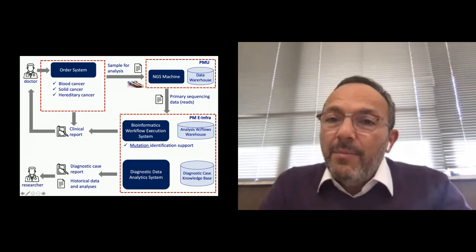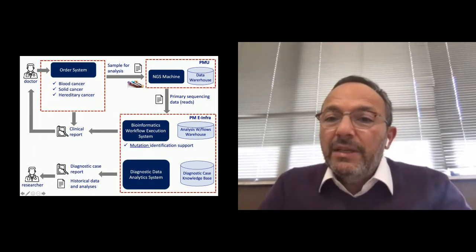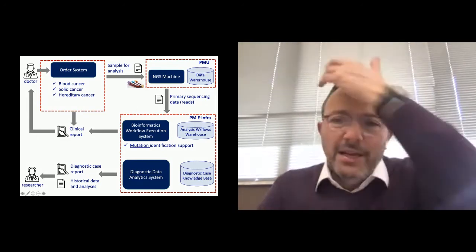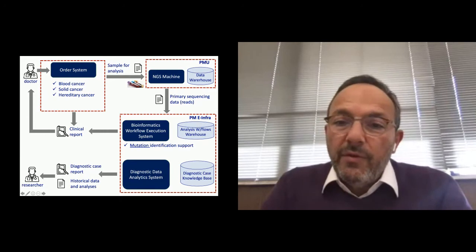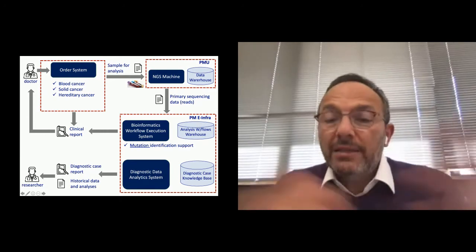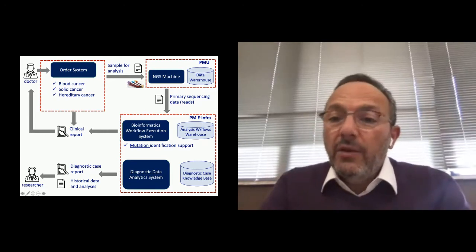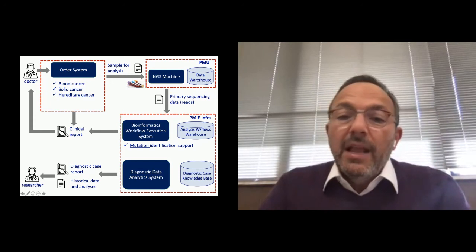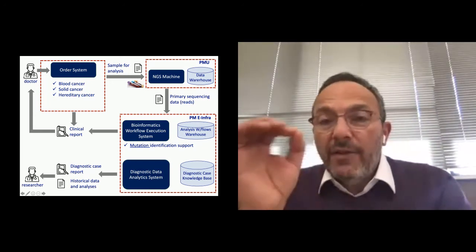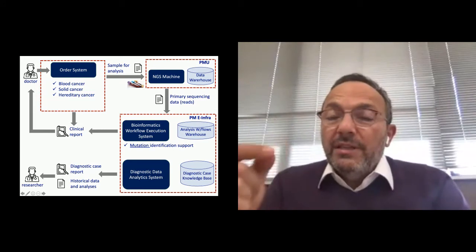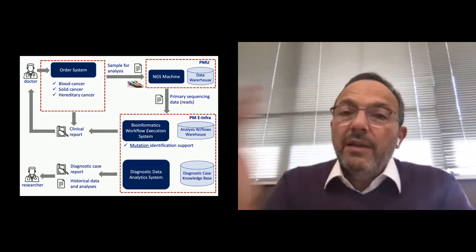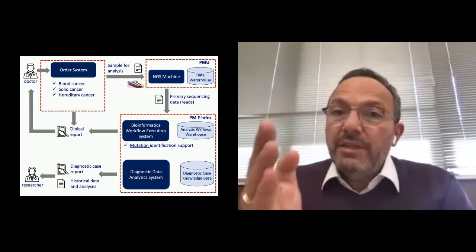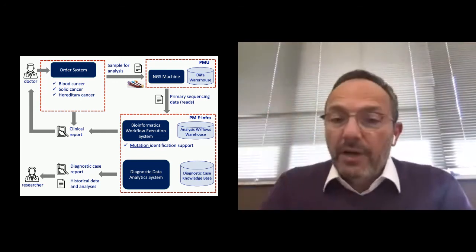Then the primary sequencing data, the reads, are sent to the electronic infrastructure of precision medicine, where bioinformatics workflows analyze them. You get a whole bunch of data, including identified mutations, because these lead you to a diagnosis and then, put simply, a treatment that is precise and personalized.